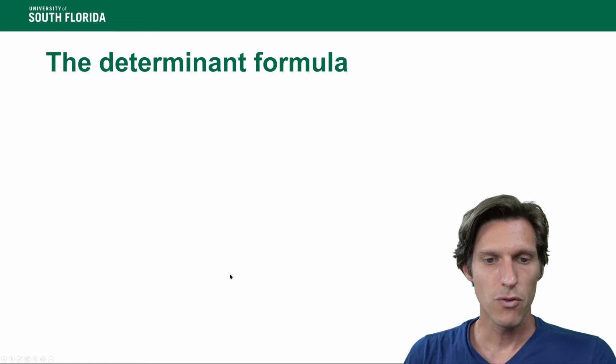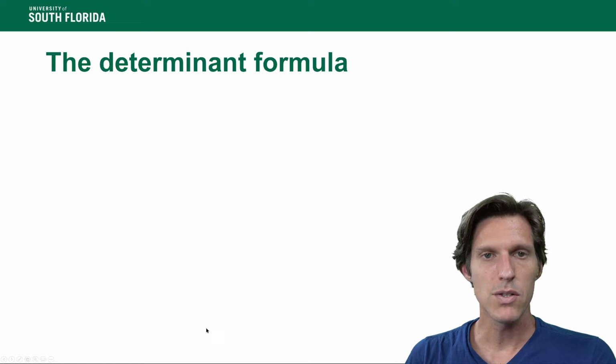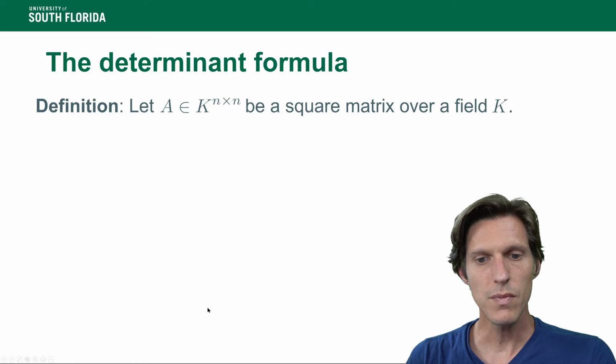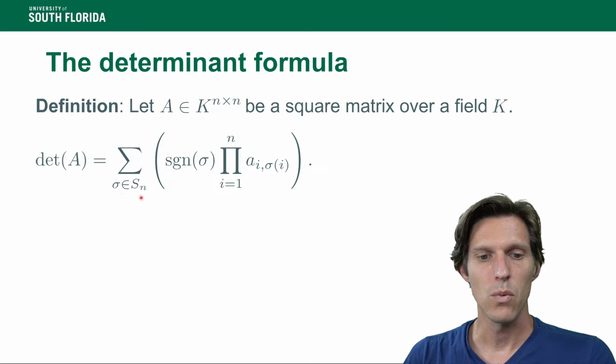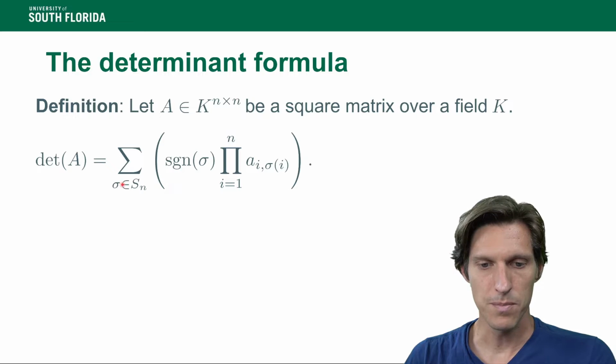So the determinant formula uses basically this notion of signature. So first we need a square matrix, and this is the determinant. So it's a sum over all possible reorderings, so all possible permutations of 1 to n.